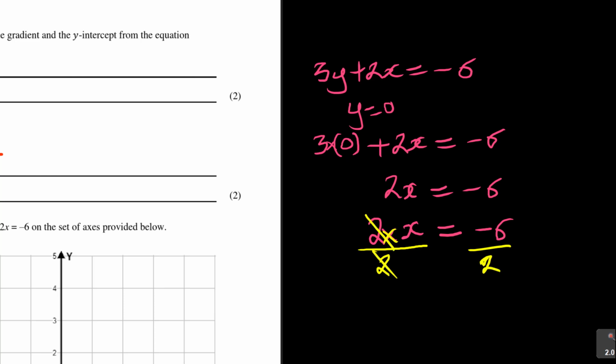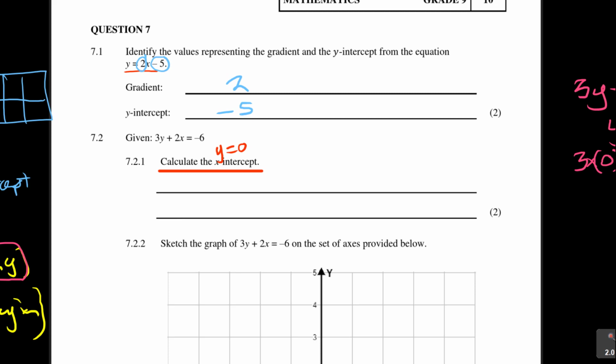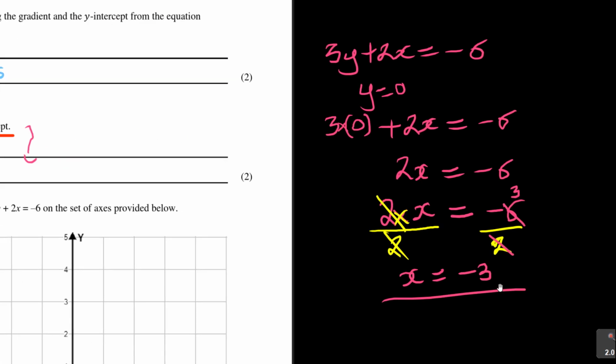Opposite of multiplication is division. Then you're going to say x is equal to, you can use a calculator, minus 6 divided by 2. 2 goes into 6 3 times. Then it's negative 3. This is the x-intercept. So if they say calculate the x-intercept, you need to show the working all together until you've got that answer to say x is equal to minus 3.